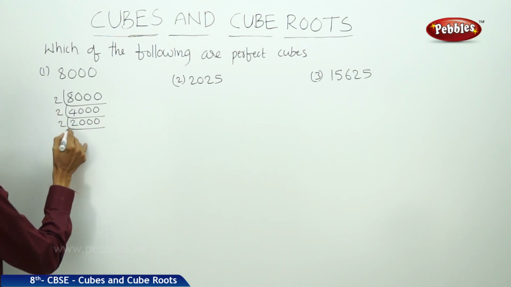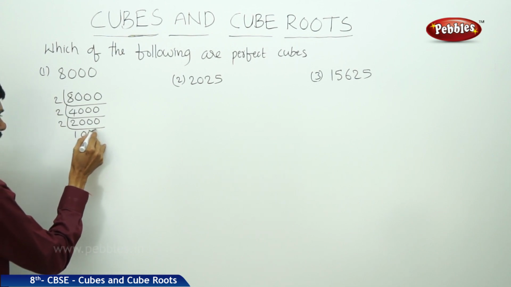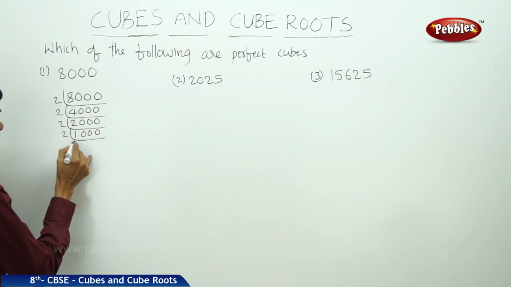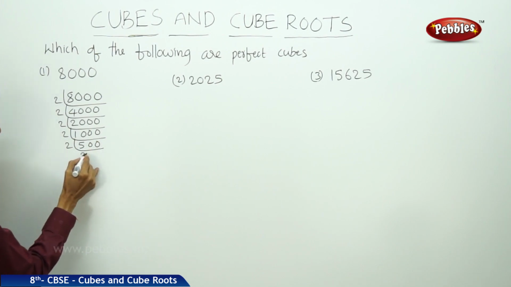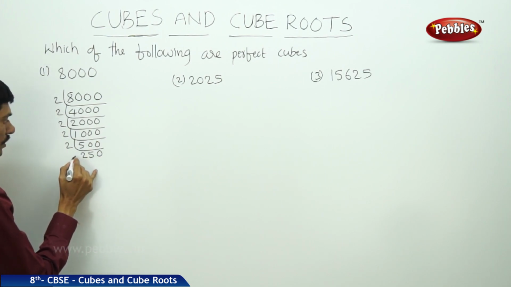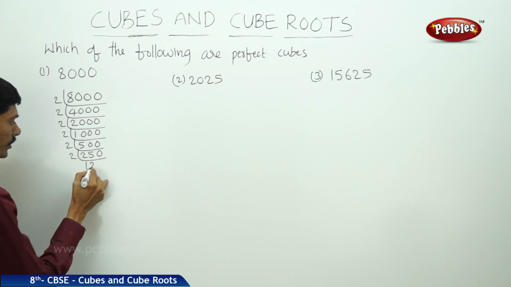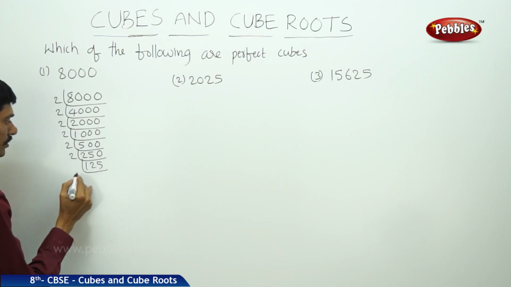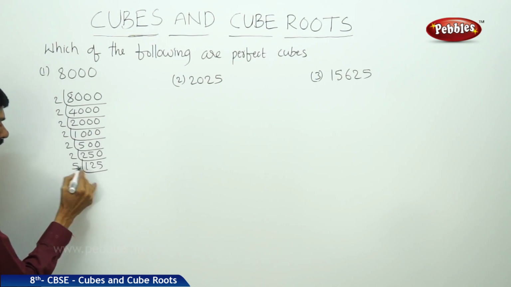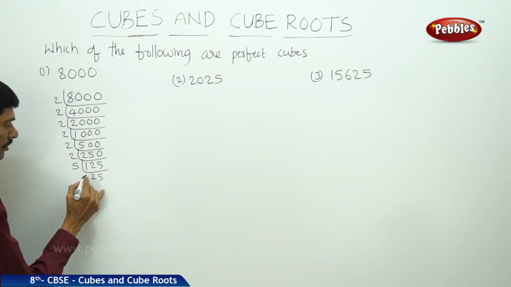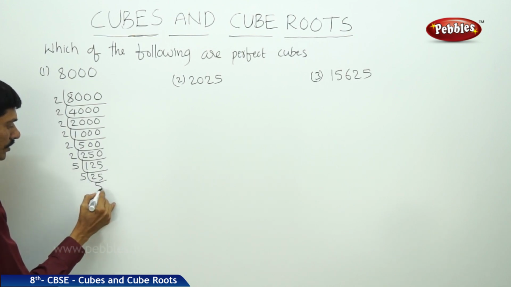Next 2 1s are 2, 0 0 0. Next 2 5s are 10, 0 0. Next 2 2s are 4, 2 5s are 10, 0. Next 2 125s are 250. Next it is not divisible by 2 and 3, so you can take 5. 5 5s are 25.